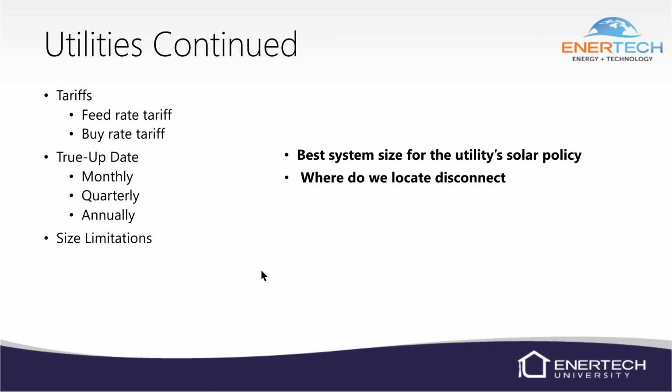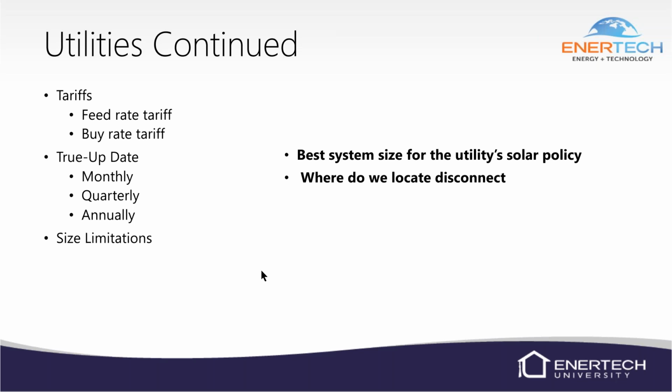The last two parts on this slide, I'll just finish this one, John. So the best system for the utility's solar policy, and that one is really something that we push pretty hard. It really depends on the utility and what they offer. It all depends on what their particular rules are and playing to the advantages that they give us.